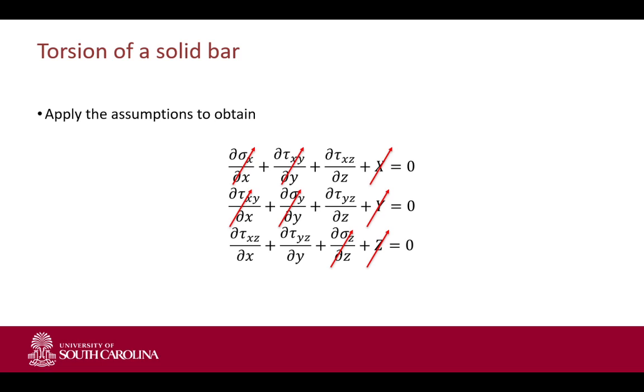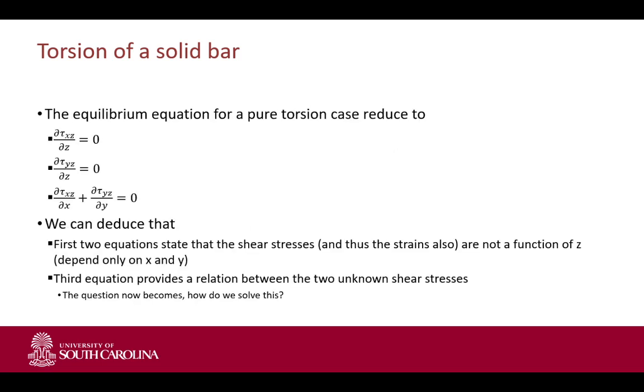So basically, for a pure torsion case, our three stress equations reduce to a slightly simpler format: the derivative of tau xz with respect to z is equal to 0, the derivative of tau yz with respect to z is equal to 0, and the partial derivative of tau xz with x plus tau yz with y is equal to 0. Based on these three equations, we can already deduce some information.